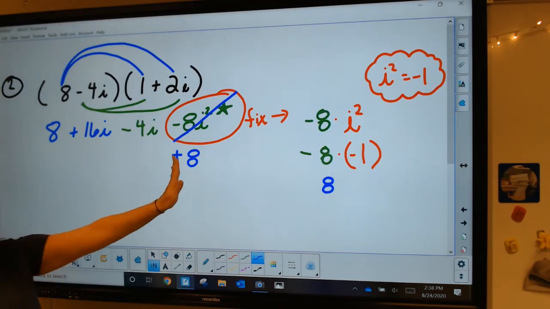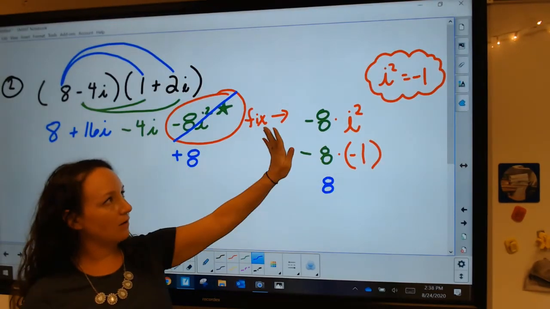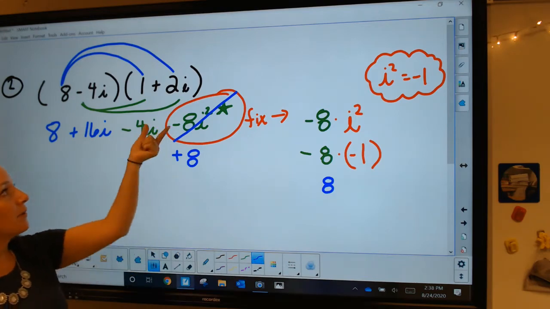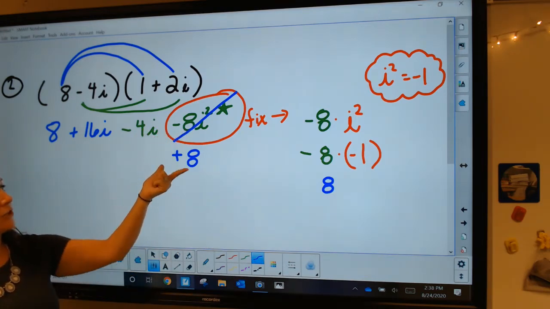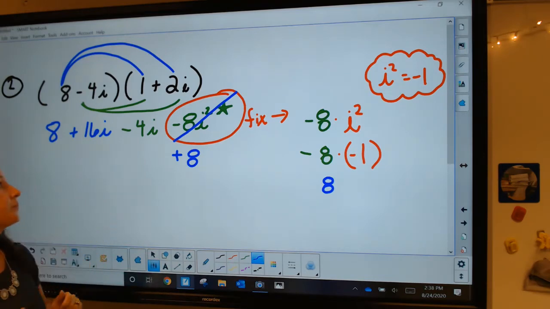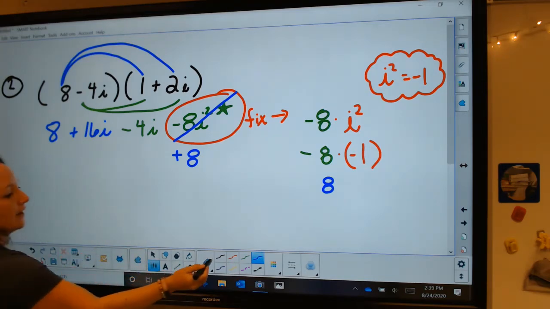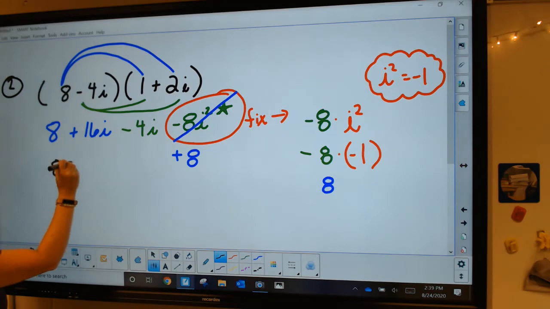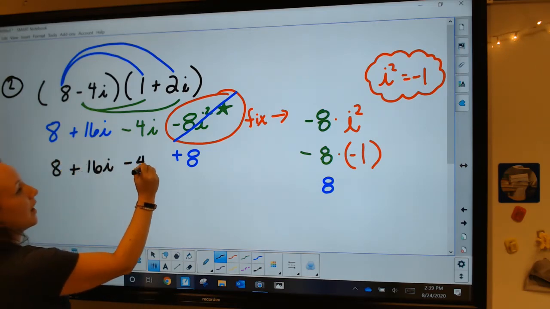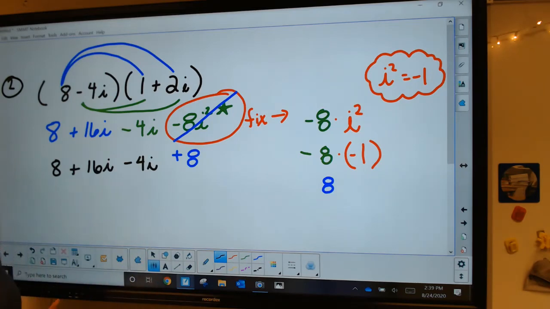So you can get to the point where you're not having to work all of this out. I'm just kind of showing you what's going on in the math background. But really, it's literally going to just change its sign, and i squared is going to disappear. So I'm going to write down the other items that we had. We had an 8 plus 16i minus 4i. And now I'm going to combine like terms.